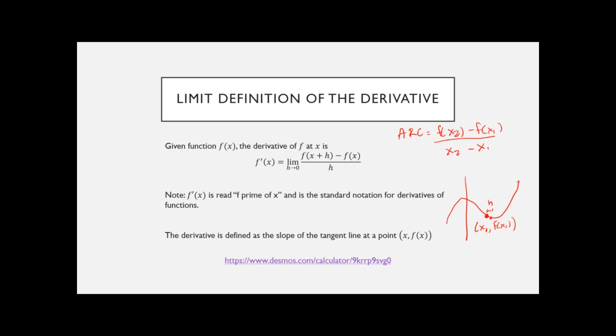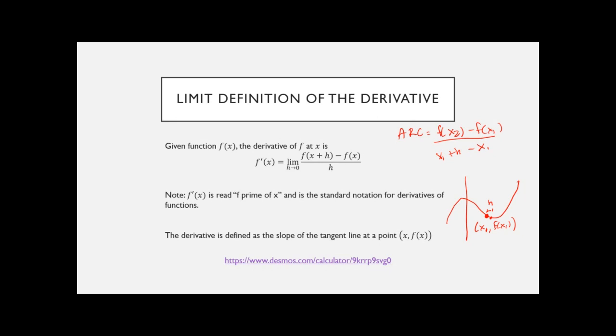And then in the denominator, you'd have x1 plus h minus x1, and that cancels out to give you h in the denominator. So this is literally the average rate of change formula, written in terms of a distance from the point we're interested in and a little bit further.